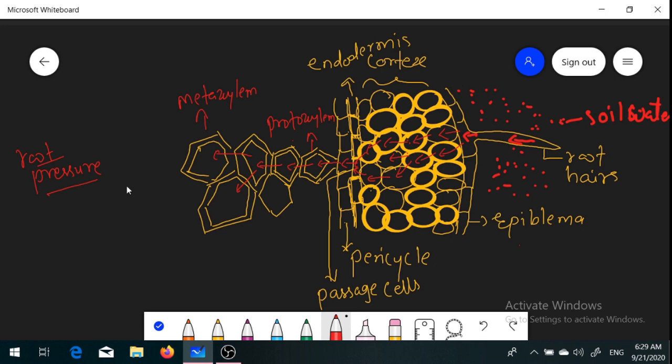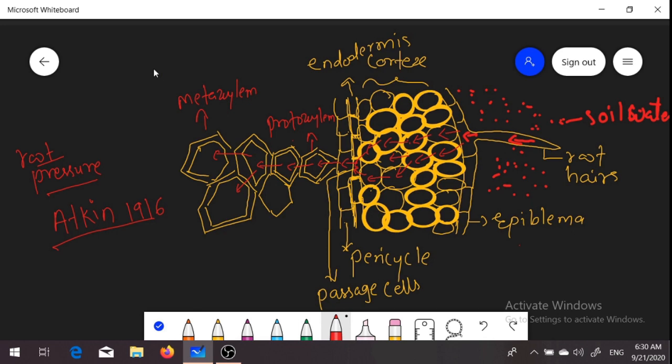Okay. So this theory was given by the scientist Atkins in 1916. The scientist Atkins proposed this theory, and this theory is known as the osmotic absorption theory.